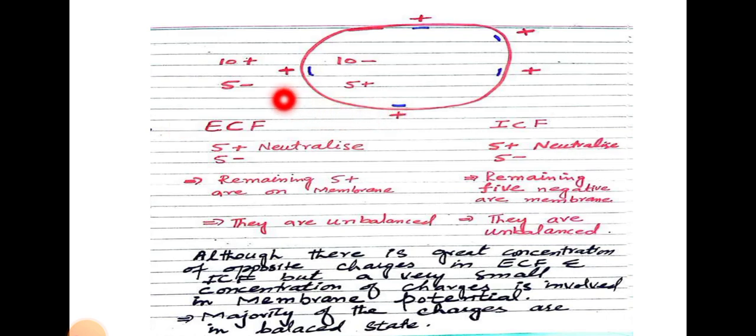So the great majority of charges are neutralized by the opposite charges inside the cell membrane and outside the cell membrane. They do not contribute to the membrane potential. Balanced charges do not contribute to the membrane potential. Unbalanced charges are responsible for membrane potential.